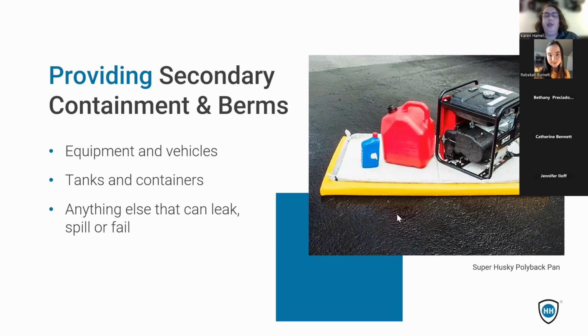Although they were able to park all of their equipment on paved areas, those leaks were, of course, getting into the environment because the leak would migrate every time it rained into the drains. And they were working on systems. They had oil water separators, but they weren't able to keep up with the volume of leaks and spills.